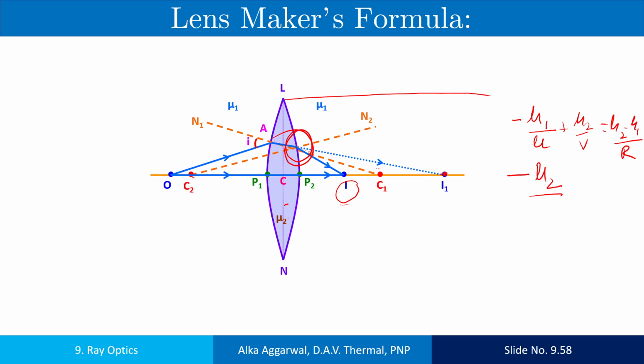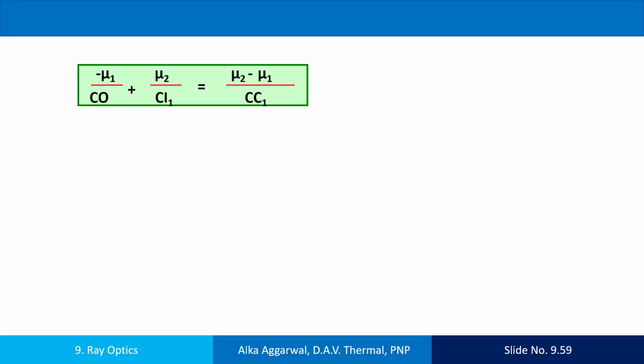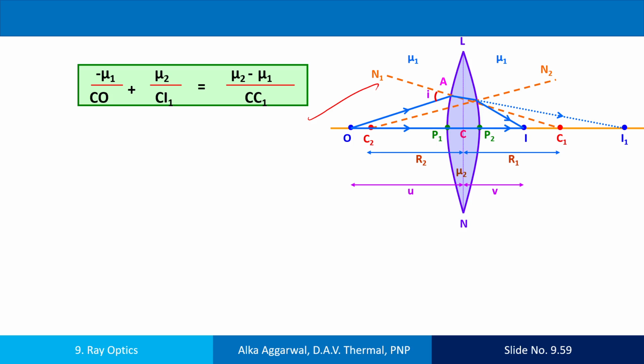And this distance is acting as the object distance, which is the same, plus mu1 upon V, since this is the final image, equals mu1 minus mu2 upon R. This is the refraction at LP2N.